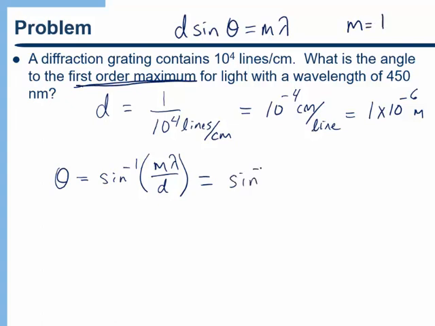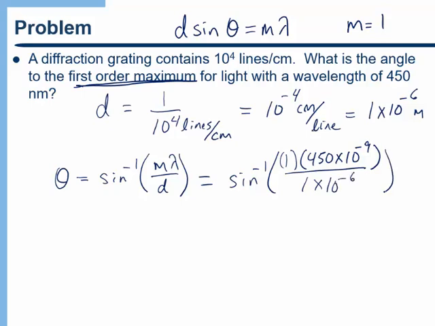So I've got the inverse sine of 1 times the wavelength, 450 times 10 to the negative 9th meters. Again, I've got to make sure I have everything in meters, divided by 1 times 10 to the negative 6th. And if you calculate that, you should find that theta is equal to 26.7 degrees.